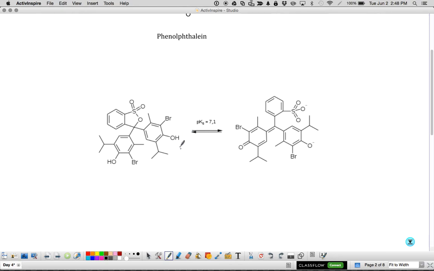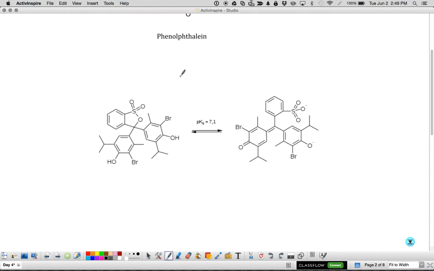Okay, it can lose both of these, and even though some weird stuff happens here, the bottom line is this: you lose this hydrogen here, and you end up with a negative charge here. You lose this hydrogen here, you end up with a negative charge here.